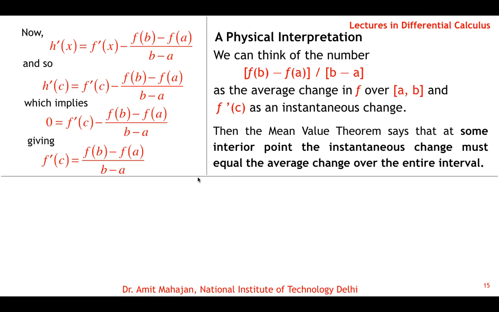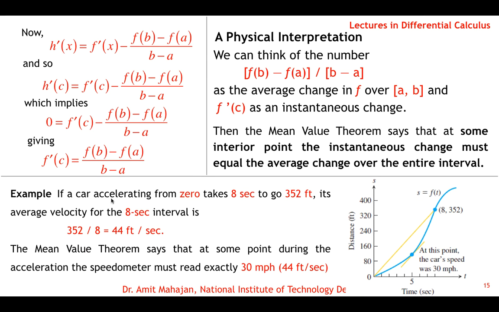Say for example a car is accelerating from 0 and takes 8 seconds to go 352 feet. Its average velocity for the 8-second interval is, we can calculate as (f(b) minus f(a)) over (b minus a).